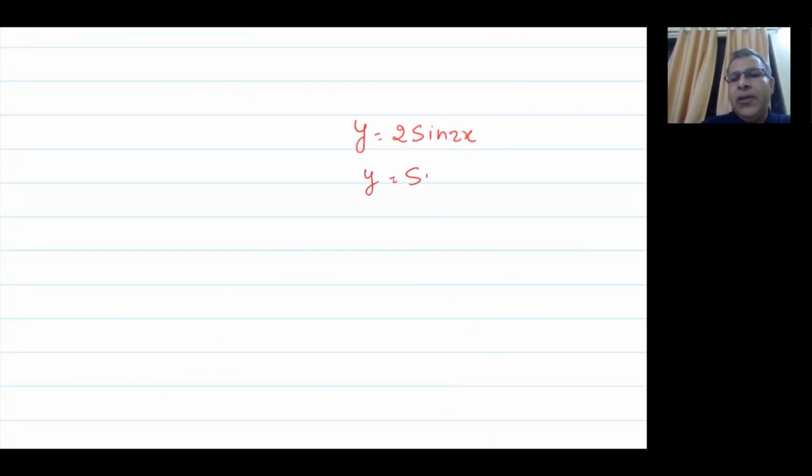First we plot y equal to sine x, then x is replaced by 2x, and we get y equal to sine 2x, and then we multiply it by 2 and it becomes y equal to 2 sine 2x. Understood? So what is the graph of the sine curve?